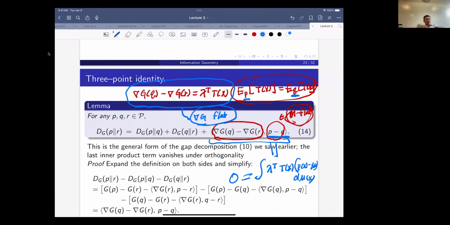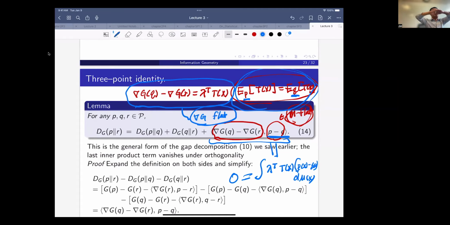We want to create a dually flat space, and in statistics, the most common flat space is this kind of M flat space. And then what would be a property?